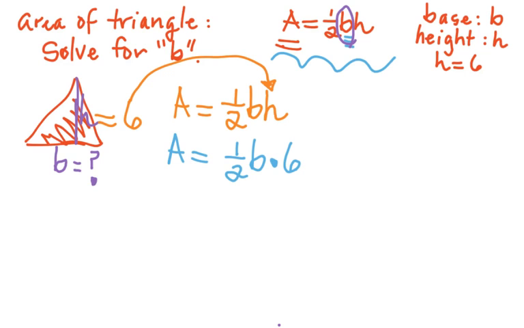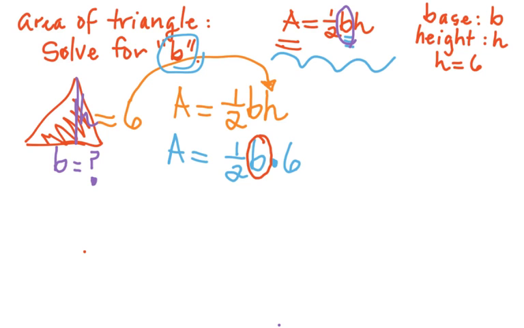And remember, it's asking me to solve for B. So I am going to circle the B right here, because remember, that's what I need to get all by itself. So now before I go any farther, I could actually do something with this formula.